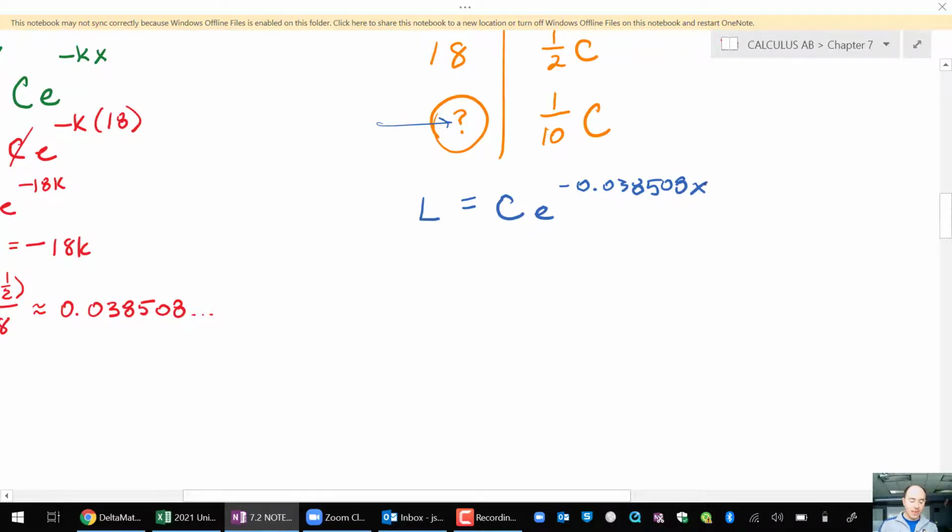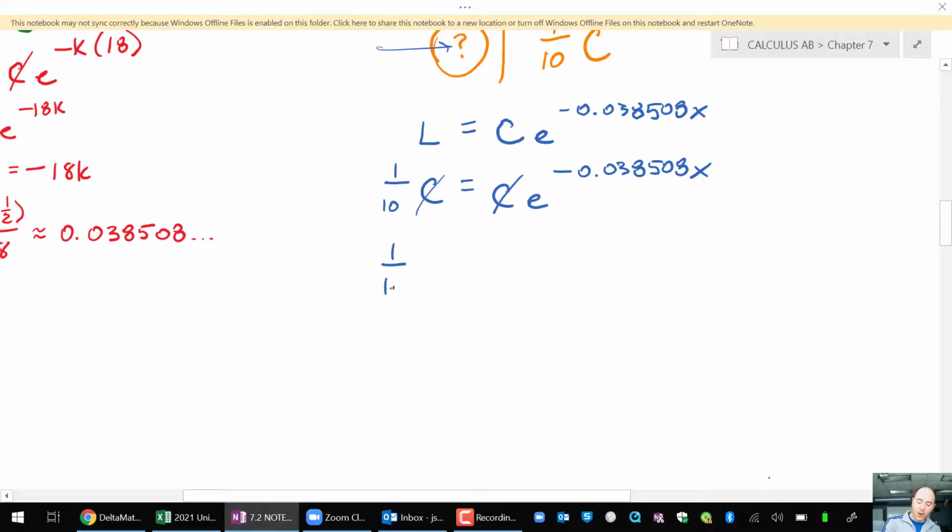There's my k value. Let's plug in 1/10 of C for light intensity, and now I can solve for x. The constants again will divide out. I can divide both sides by C, and I have one equation now with one unknown, so I'm ready to solve.